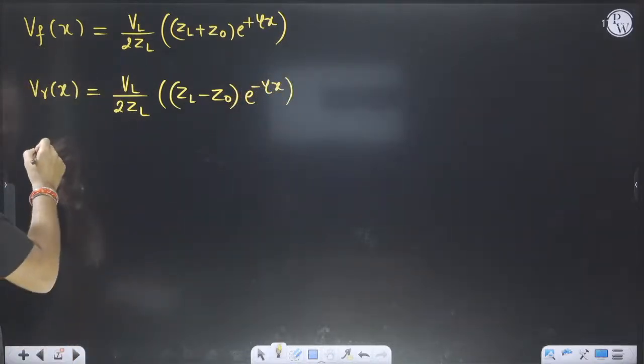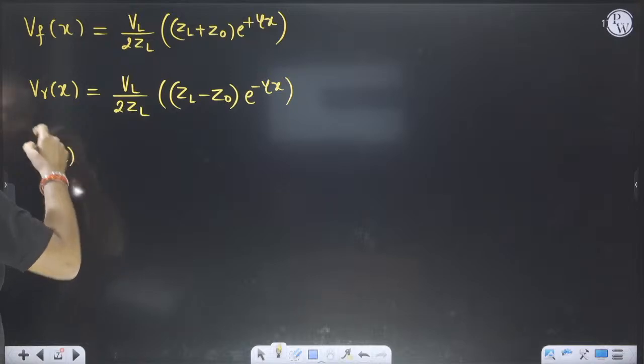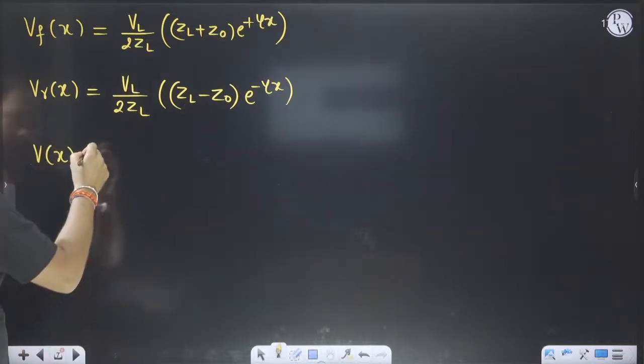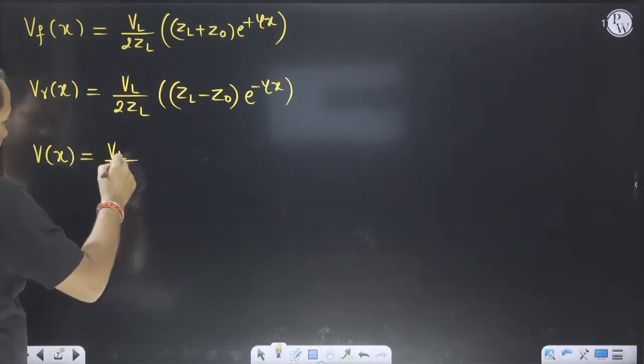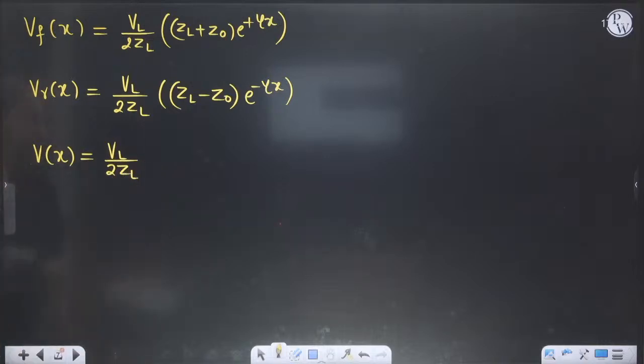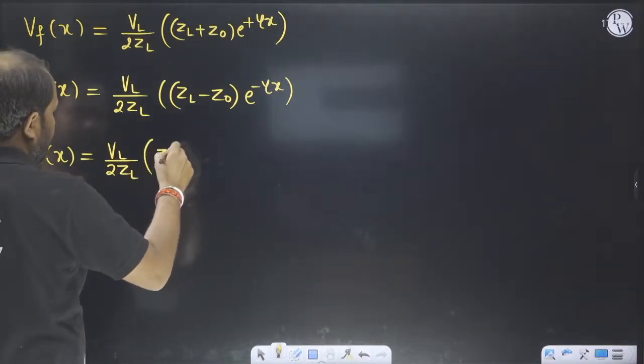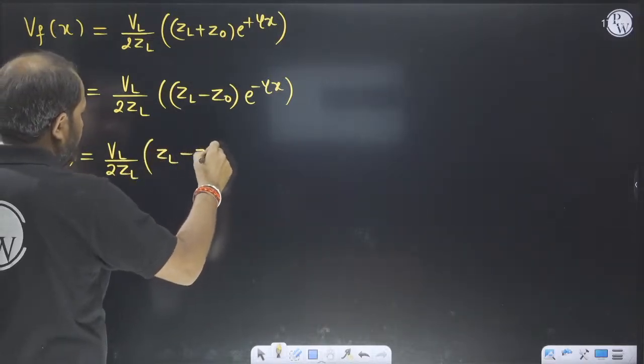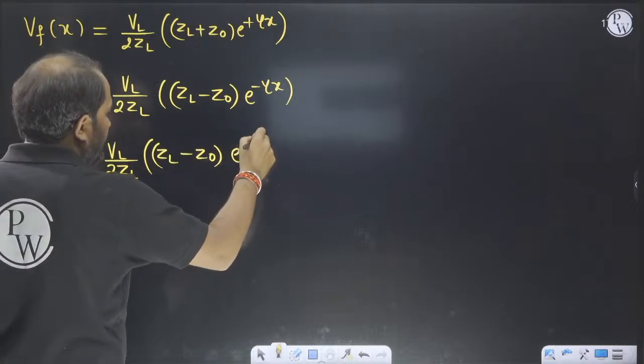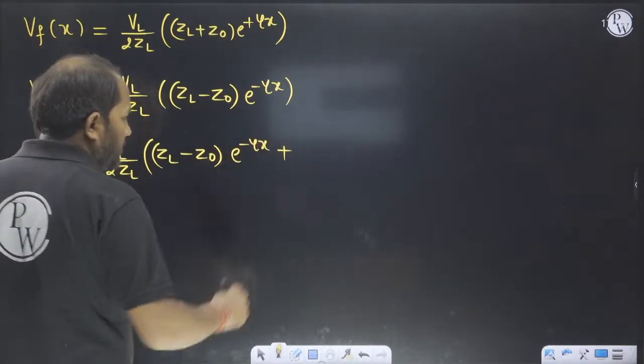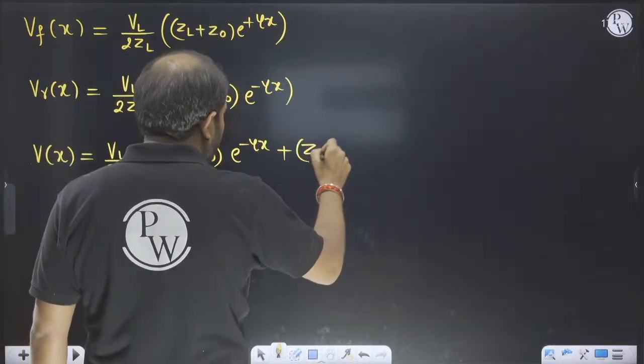So we can write down Vx. Don't remember all these formulas. Vx is equal to VR plus VF.